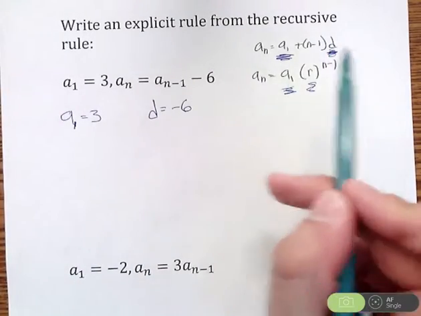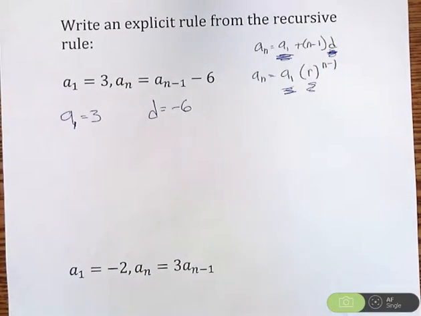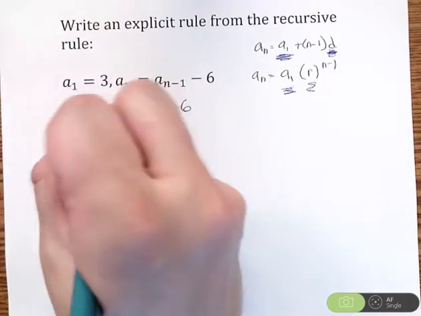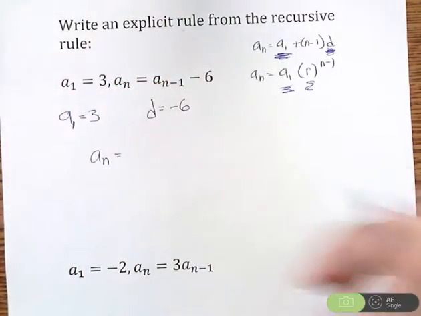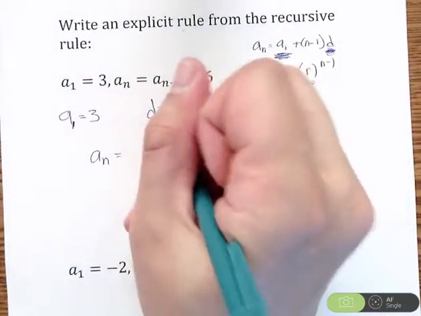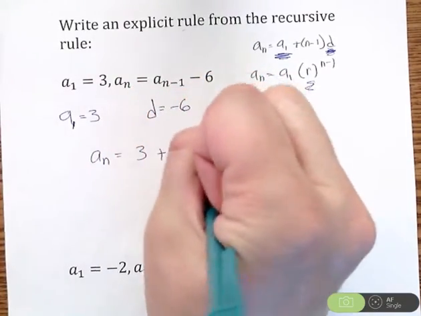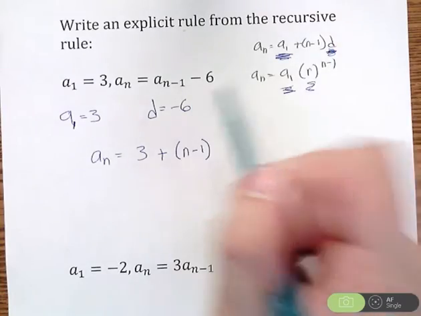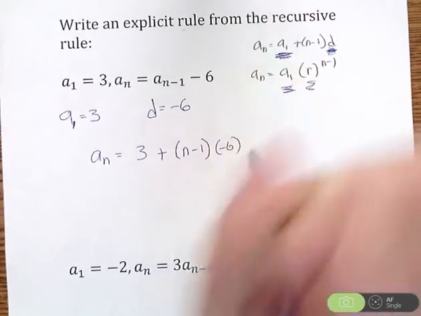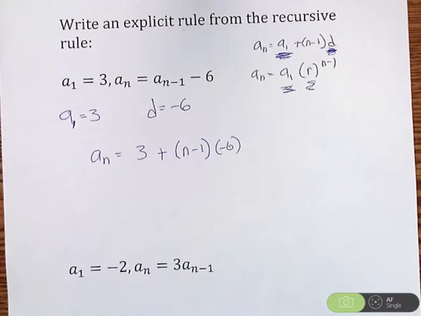I'm going to plug in for my explicit rule and then make sure it's simplified. So An equals A1, which in this case is 3, plus n minus 1 times d, where d is negative 6. This isn't done.